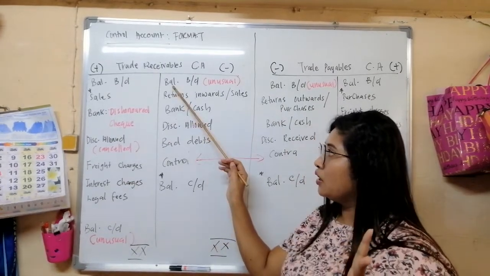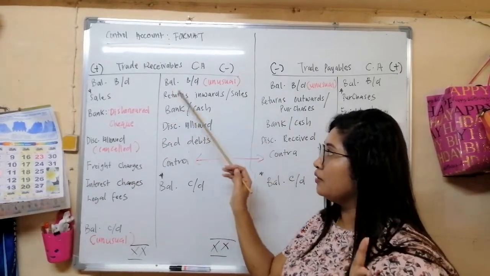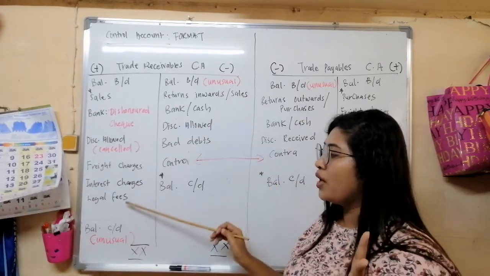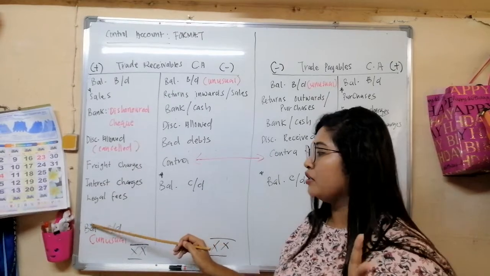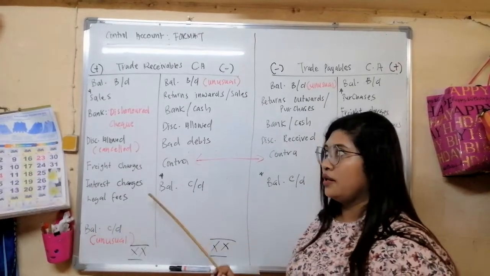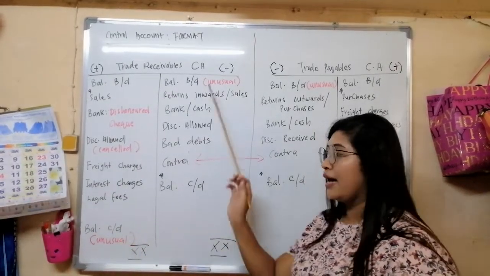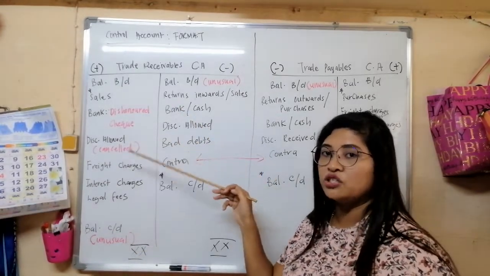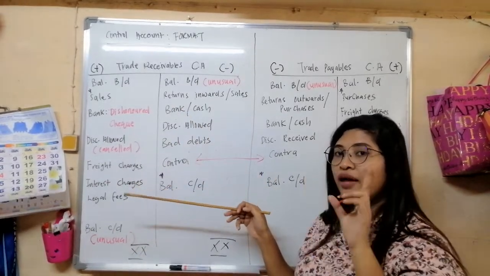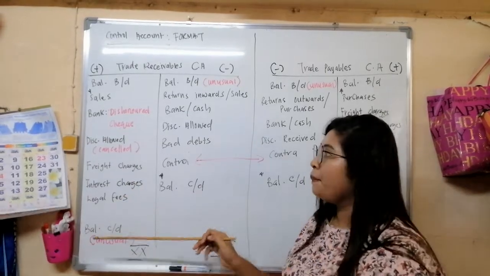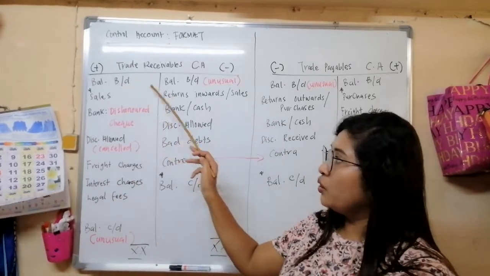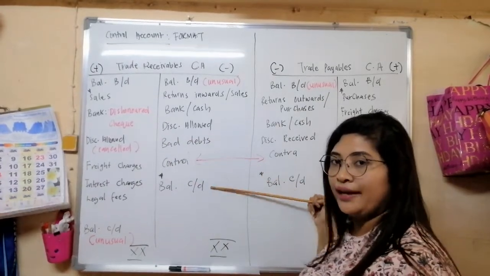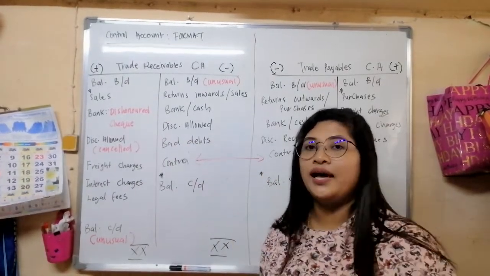Okay, so if you have a balance brought down on the credit side, which is unusual, you also must have the balance carried down on the debit side. But this is unusual, I say it again, this is unusual. So don't panic if the question doesn't give you two balances brought down. Okay? But if the question gives you only one, your balance carried down will be only on the credit side. Okay, I hope you will understand.